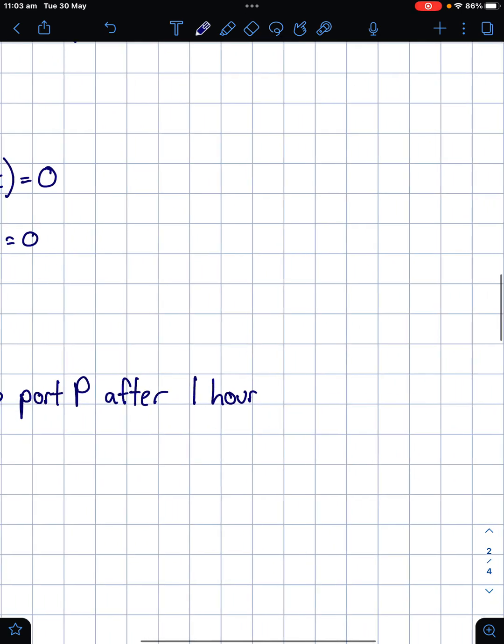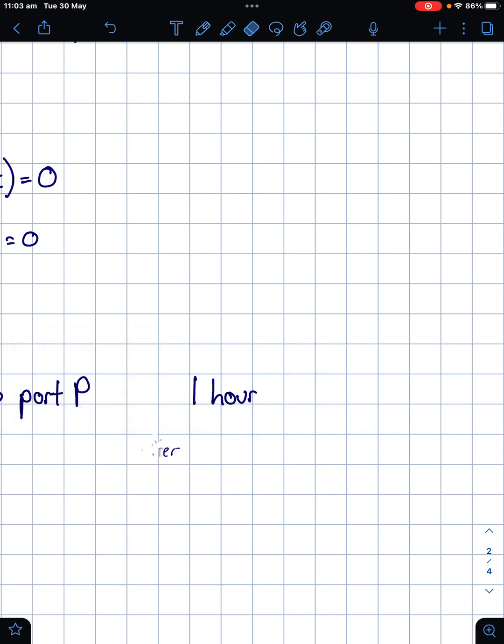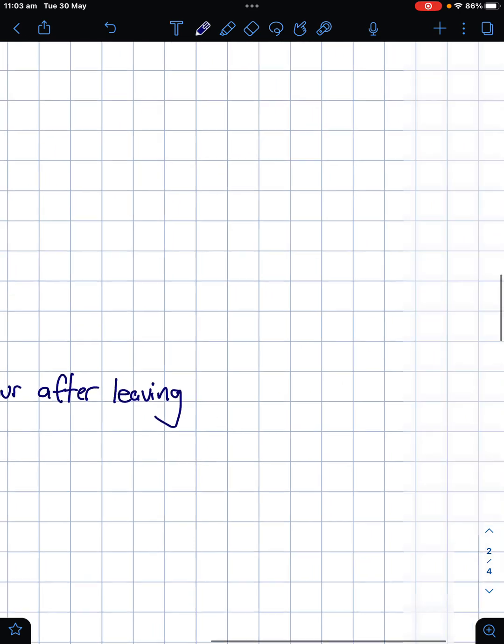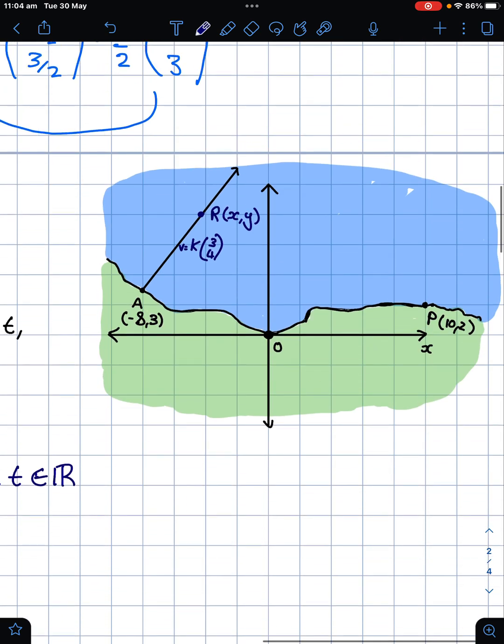After one, actually, I should write that. After 1 hour. Let's actually change that to port P 1 hour after leaving A. So that makes it specific to the question. Now, I'm hoping this doesn't wreck my diagram. No, not going to bother with it.